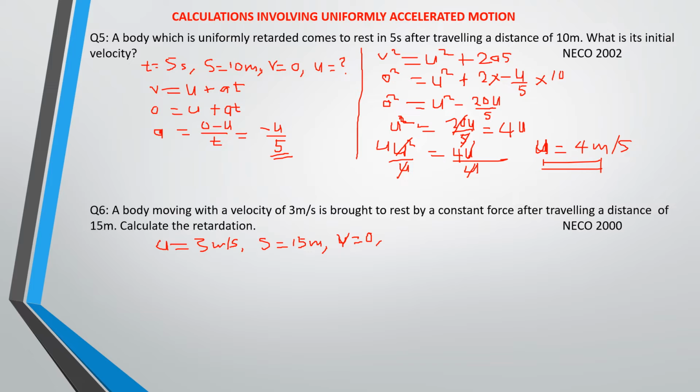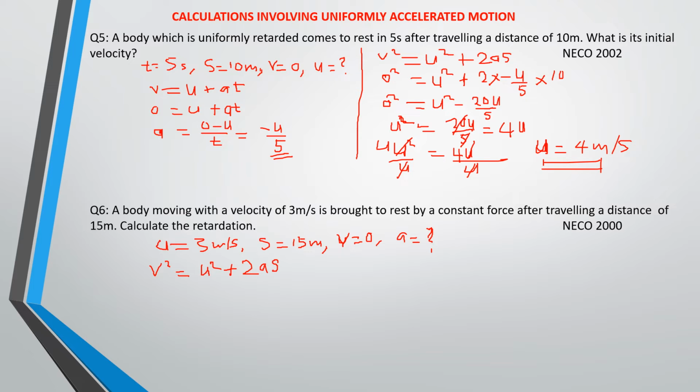Now you are looking for a, which is the retardation. The third equation of motion states that v squared is equal to u squared plus 2as.